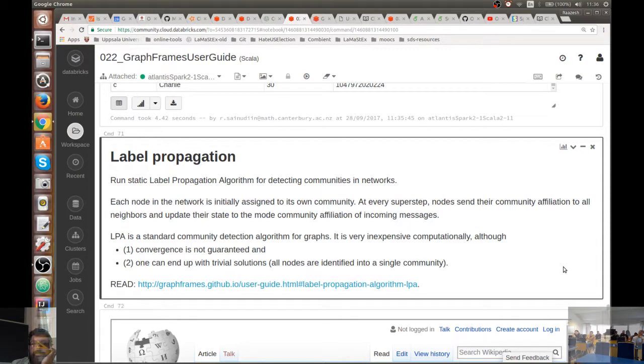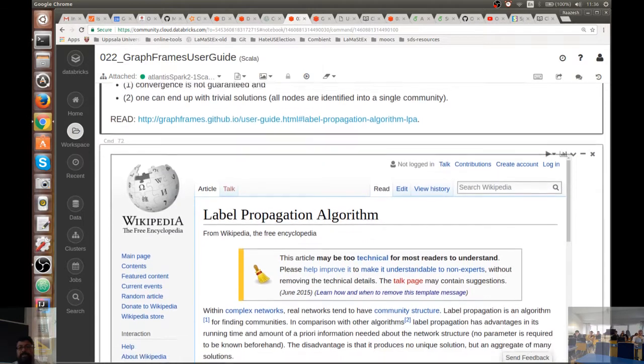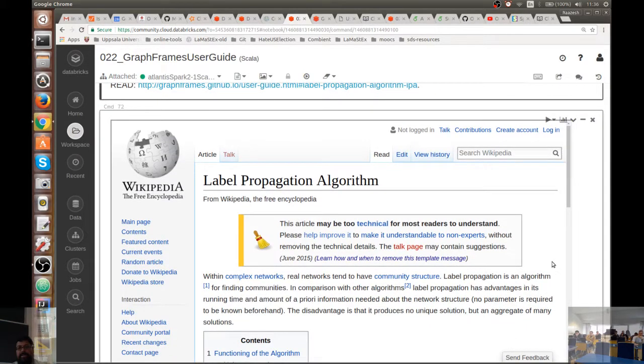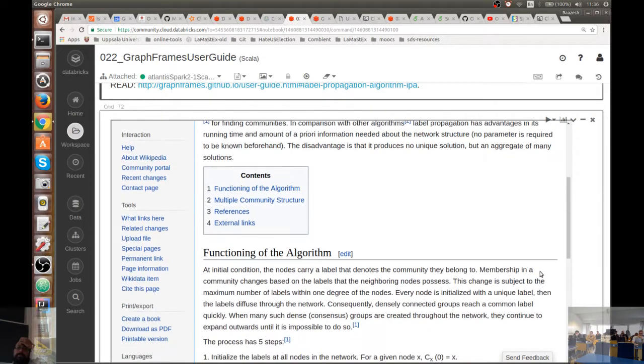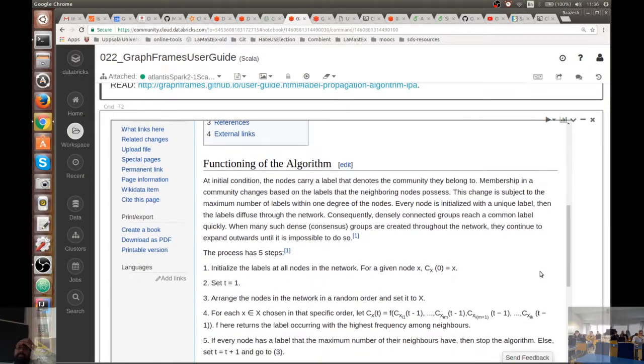Okay, so label propagation. So what is this? It's a community detection algorithm. It's very quick, but it's heuristic, just like k-means, right?